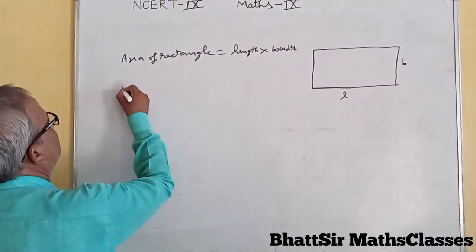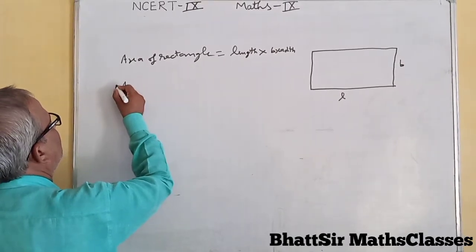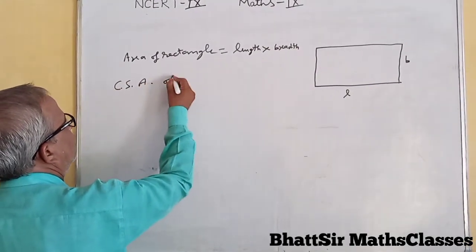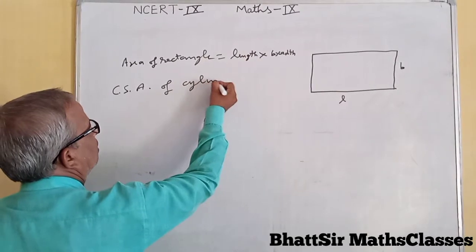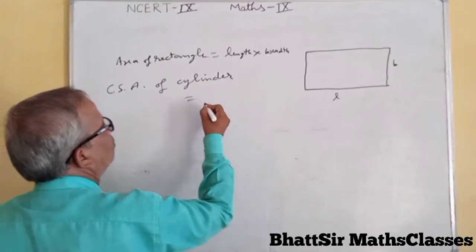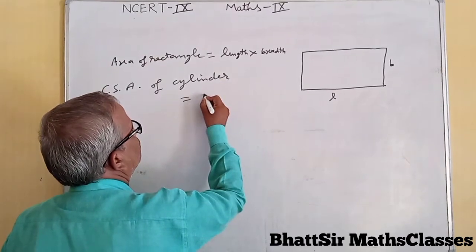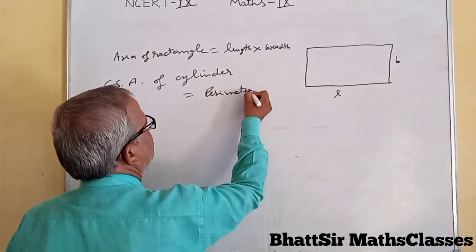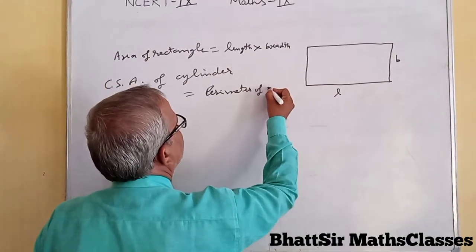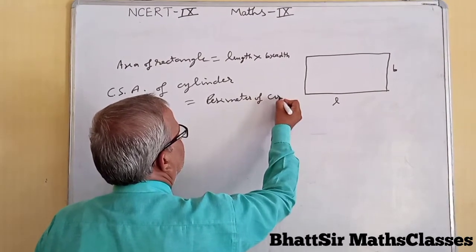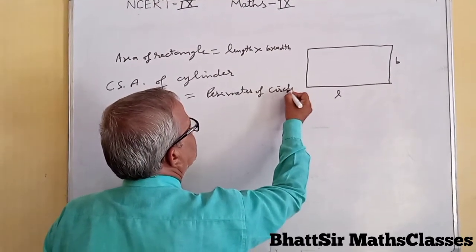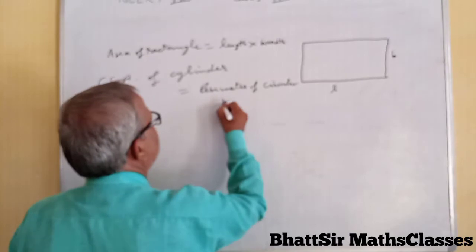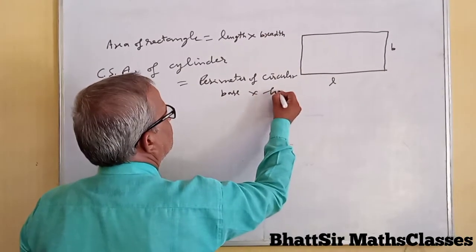So the area, CSA, curved surface area of cylinder, equal to perimeter of circular base into height.